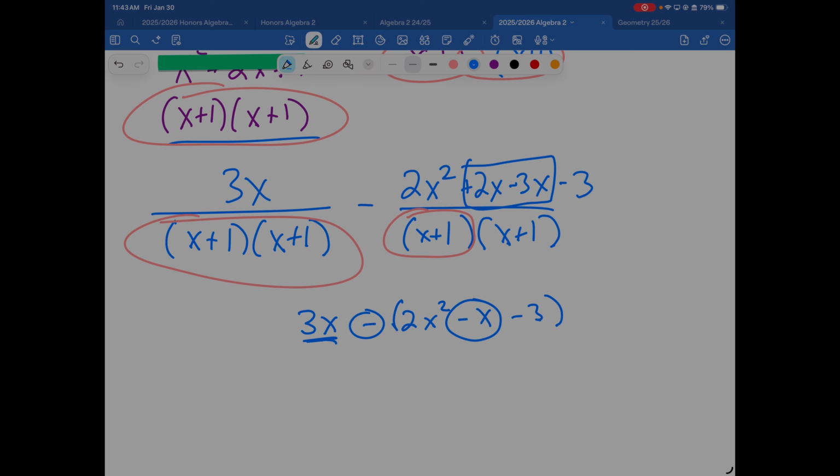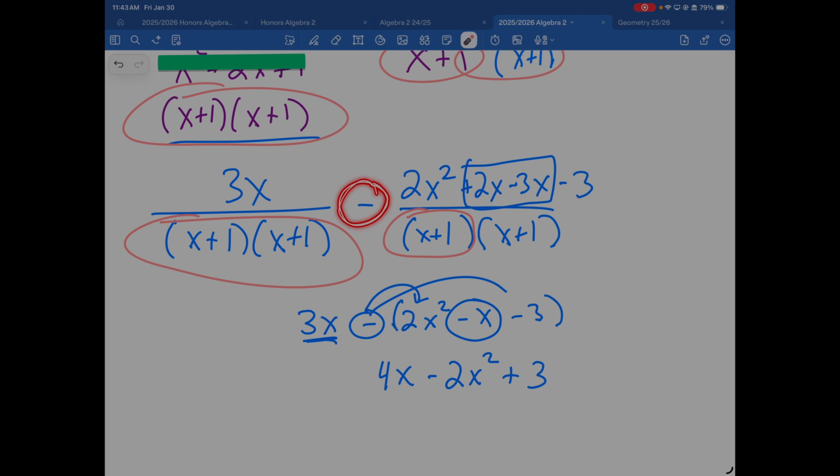So minus a minus is a plus. So that gives me 4 x's. I've got negative 2x squared. And a minus is a plus, so plus 3.